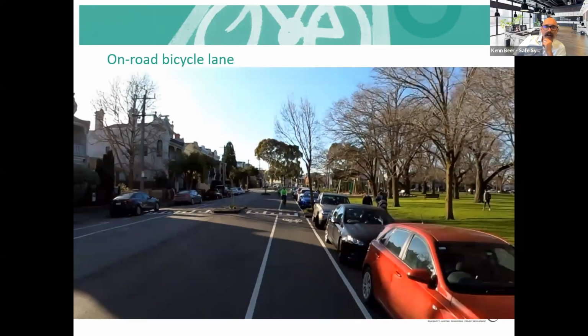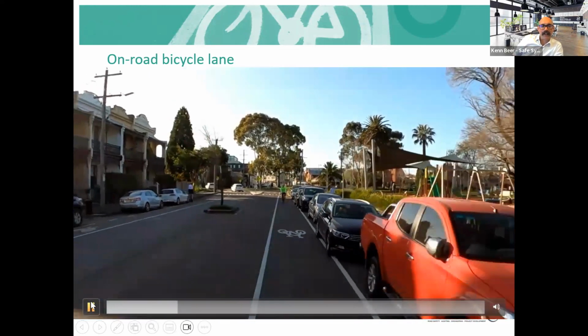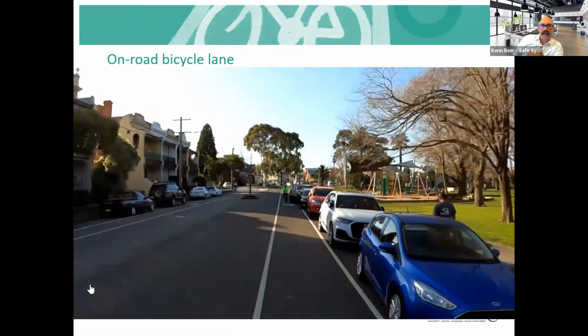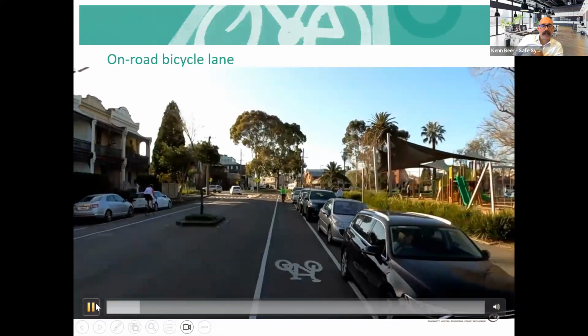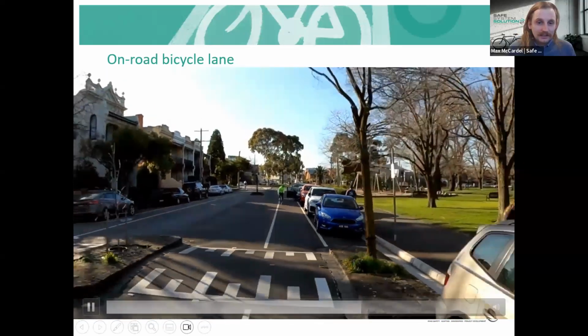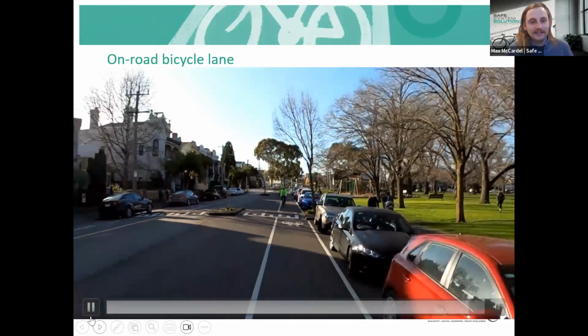No, yeah, Max and I are out doing cycling audits and you've got to have your wits about you. But certainly that separated Copenhagen style lane would have been nice in that location. Absolutely. Anyway, glad we only got a near miss. It's good to hear, Ken.